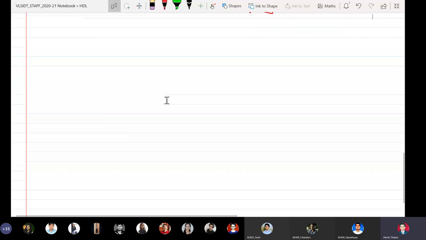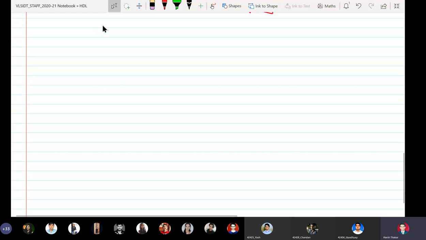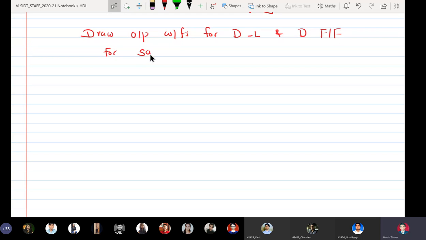Okay. So now what we will do is that we will draw the waveforms. Draw the output waveforms for D latch and D flip-flop for the same input sequence.